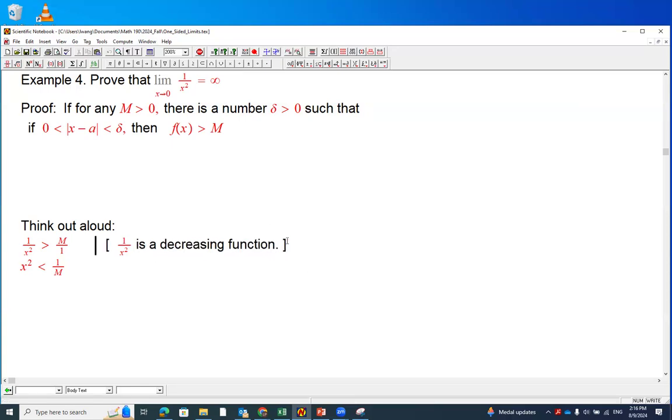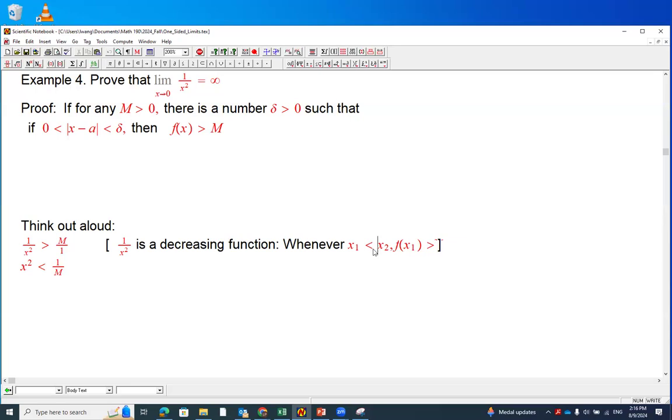Whenever X sub 1 is less than X sub 2, the function value at X sub 1 is larger than f of X sub 2.